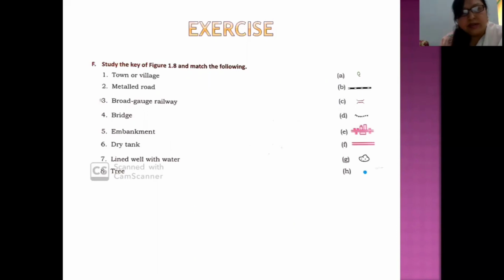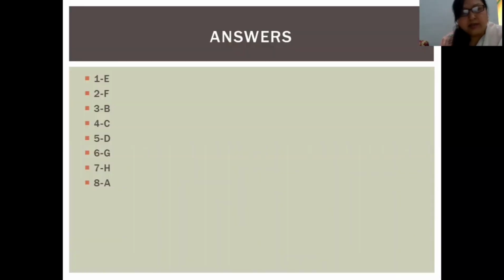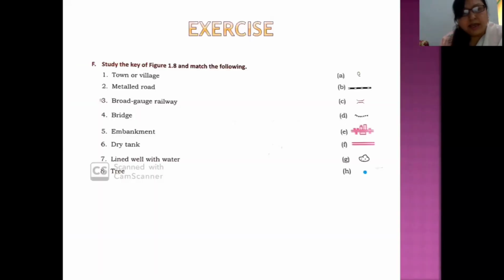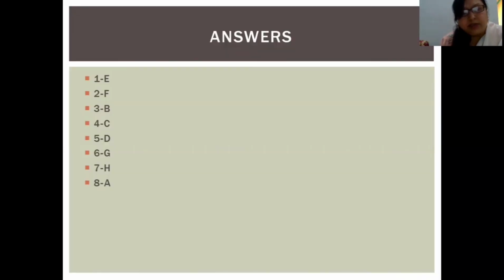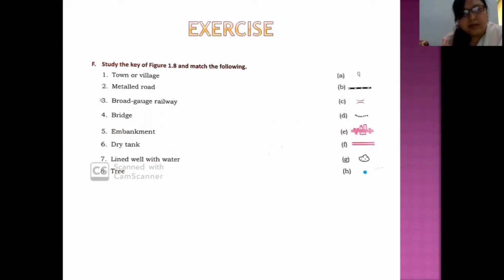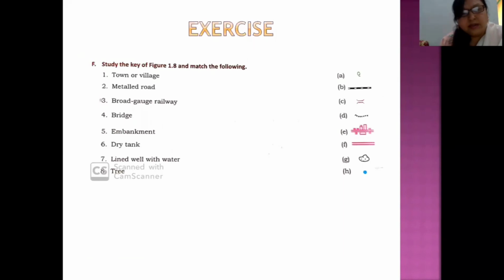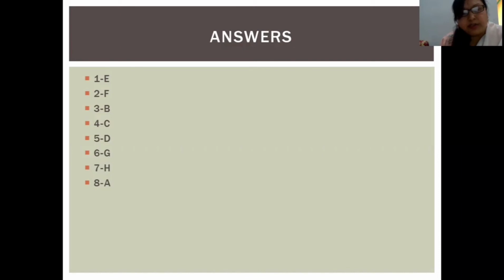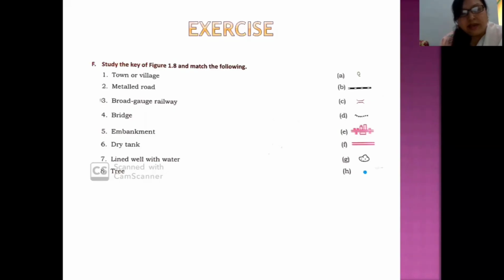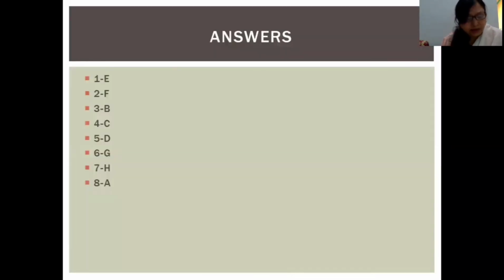Bridge, C option. Embankment, D option. Dry tank, G option. Lined well with water, H option. Tree, A option.